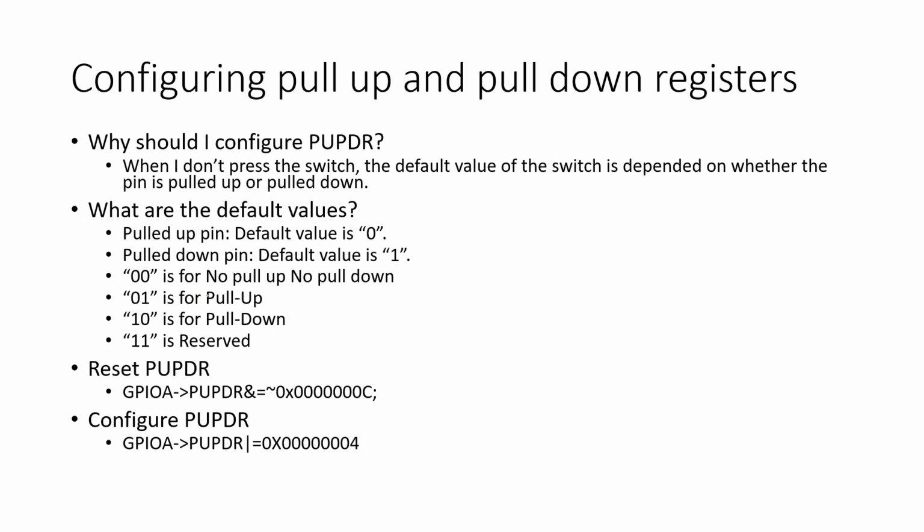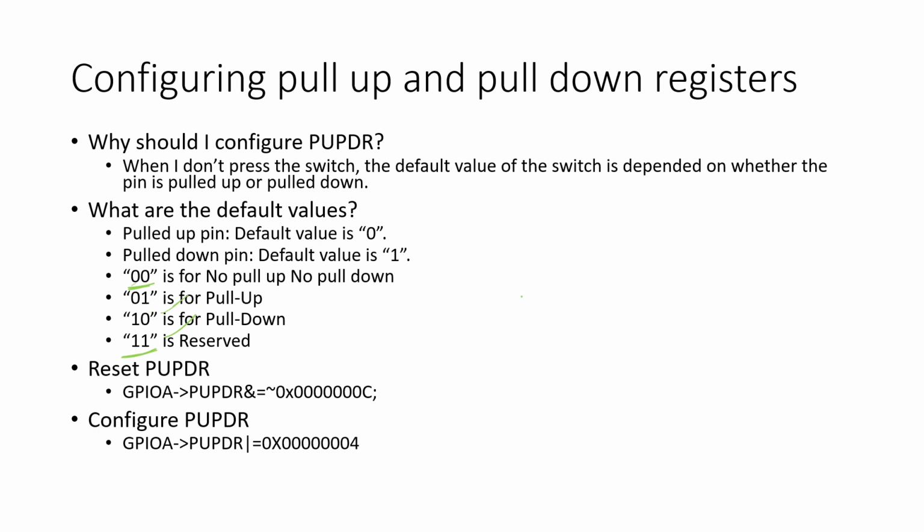So according to the reference manual, 00 in that particular bits of a pin refers to no pull up or no pull down, and 01 refers to pull up, and 10 refers to pull down, and 11 is a reserved state.